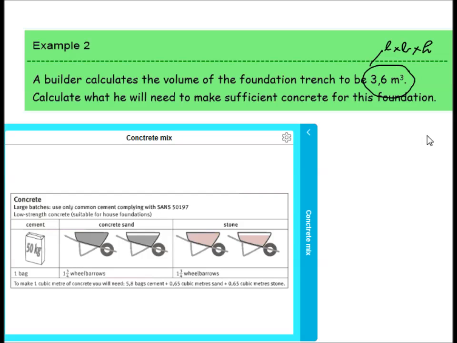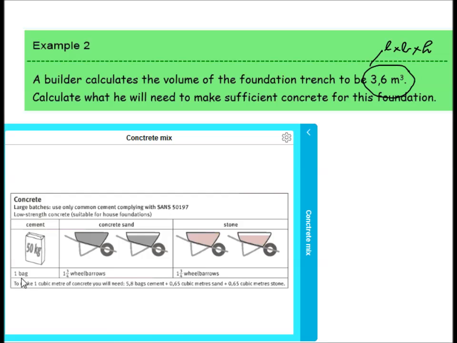If you go and look in your book on page 21, we are looking at low strength concrete, which is asked in the example. You will see that to mix, you need 1 bag of cement to 1 3/4 wheelbarrows of sand, 1 3/4 wheelbarrows of stone.